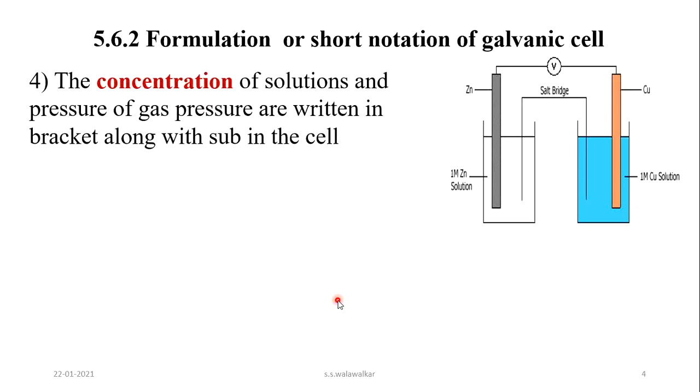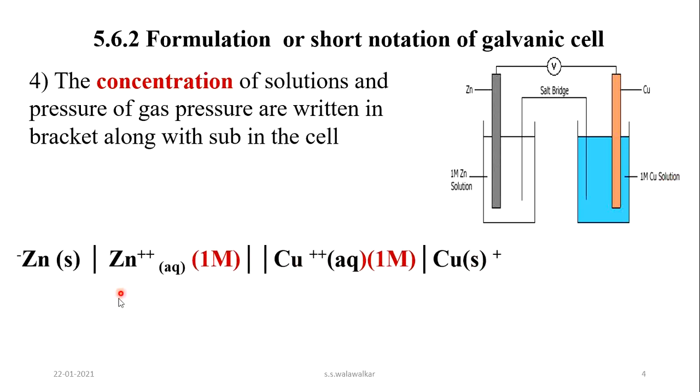Then the fourth convention, that is concentration of solution and the pressure of gas are written in bracket along with the substance in the cell. Now you know that here it is an example of Daniell cell and zinc rod is dipped in zinc sulfate solution and concentration of this zinc ion is 1 molar, or concentration of this copper ion is 1 molar, and that concentration is written in a bracket along with the substance.